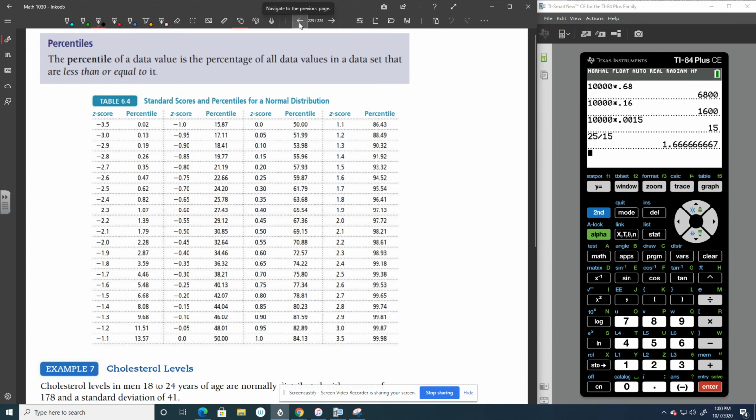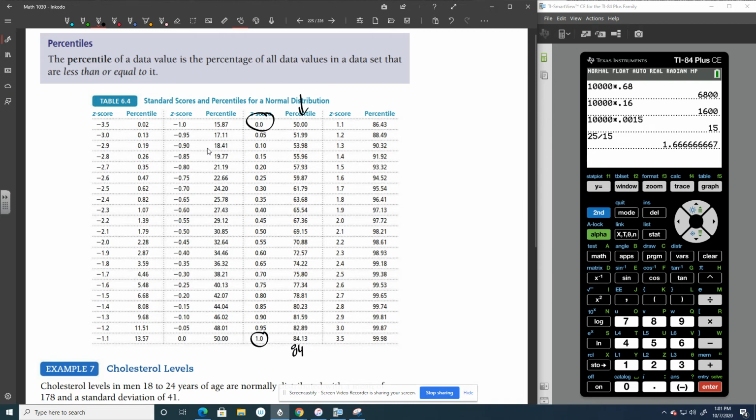Because depending on how many standard deviations away you are, you're going to fit at a certain percentile. You are going to be above everything below you a certain percent, right? So here's the table. If I have a z-score of 0, I'm in the 50th percentile, which is exactly right. You are right at the average. If your z-score is 0, you are average. If you have a z-score of 1, then you are in the 84th percentile.